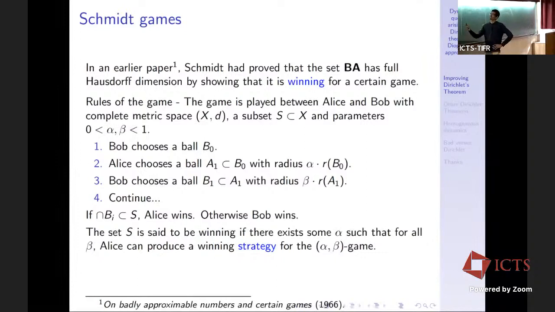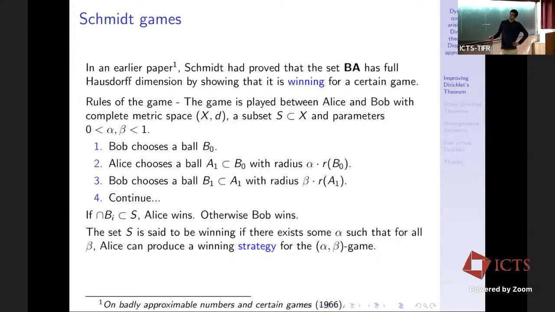So again, I'll say it again shamelessly. It's played on a complete metric space X, d, and you have a target subset S, and parameters alpha, beta between 0 and 1. Bob chooses a ball B0, and then Alice and Bob keep trading off by choosing balls within the previous balls, but you have to shrink your radius by the ratio alpha and beta respectively.